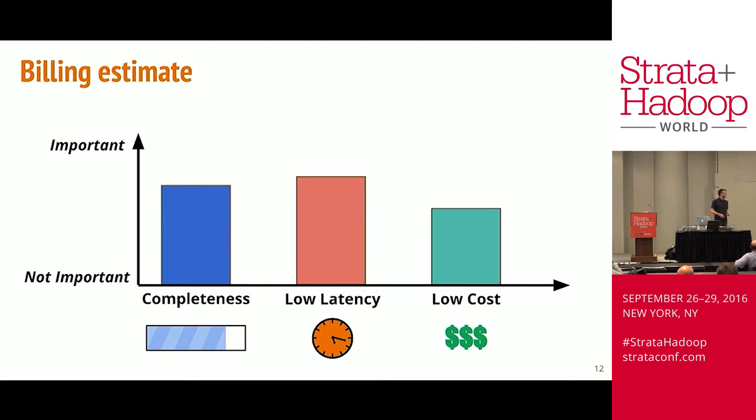Low latency now becomes our primary priority, right? It's the definition of this use case that we get latency down to at least sub-month, preferably real time. And low cost now is a bit more important. So the green bar is a bit higher because we do want to keep costs down because this is not an authoritative bill that we're sending to somebody. It's just so that they can see what might happen in the future with their bill.